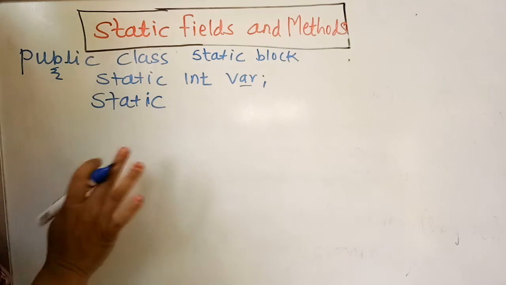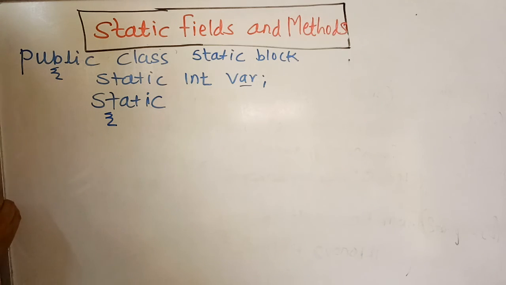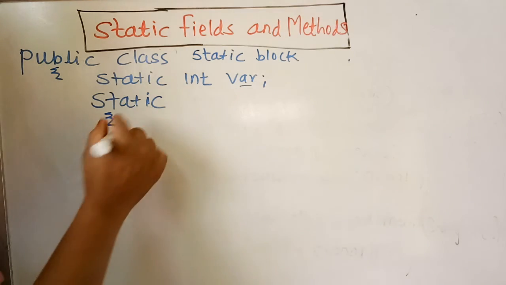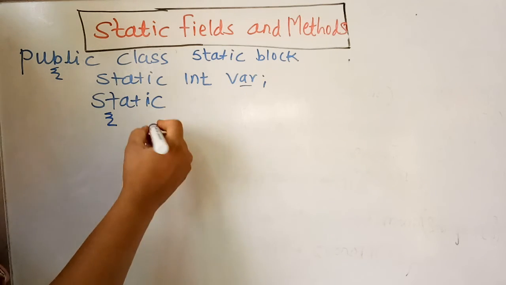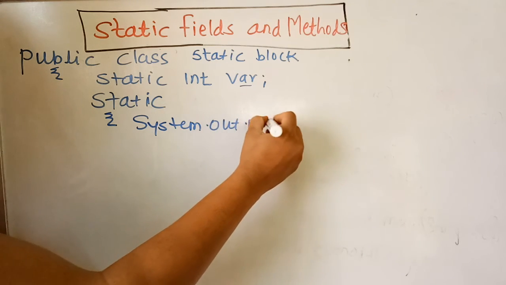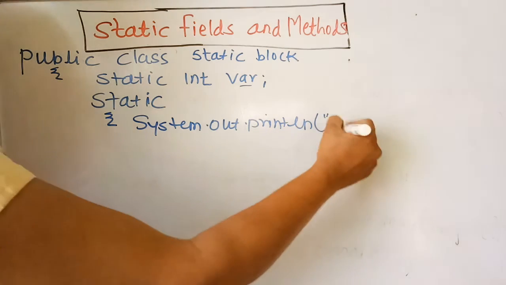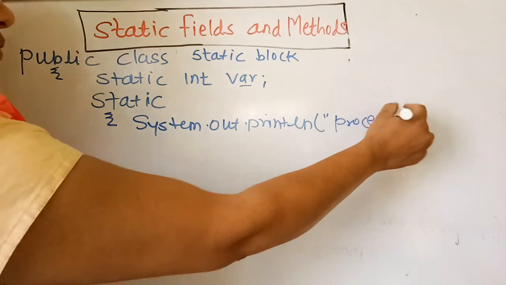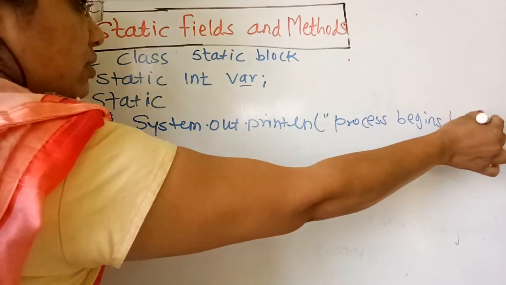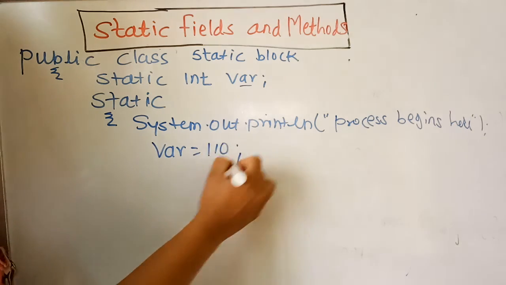There is no opening or closing parenthesis. Take an opening bracket, then initialize the variable, means pass a value to the variable. We can write a message for user understanding, System.out.println("process begins"), and here the variable equals some value.